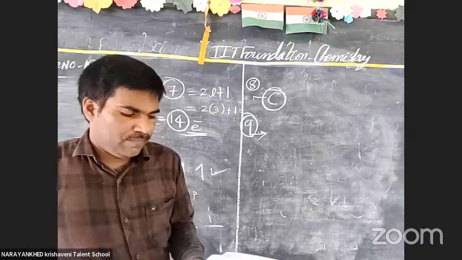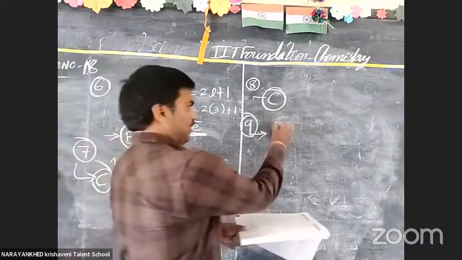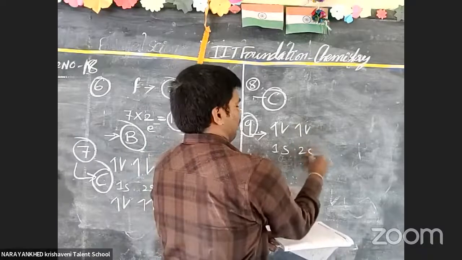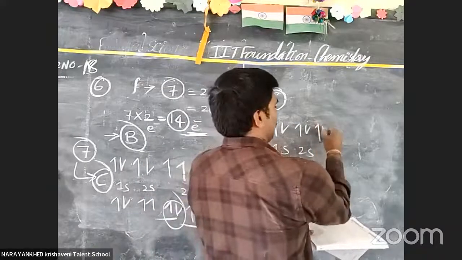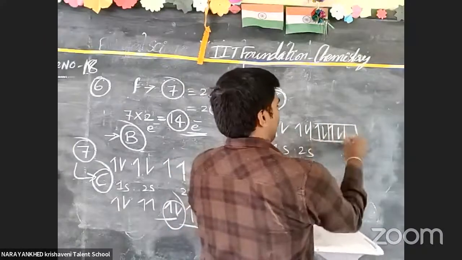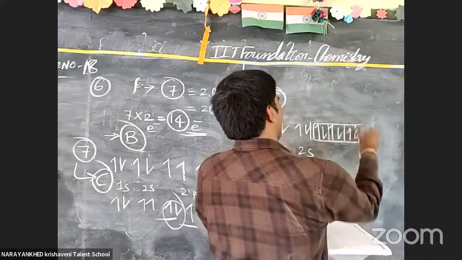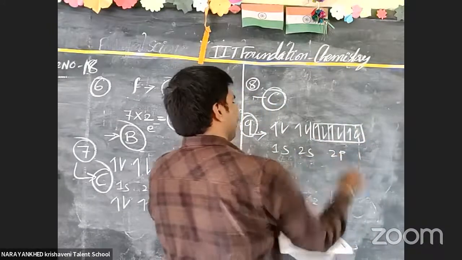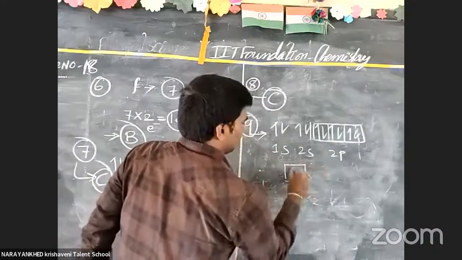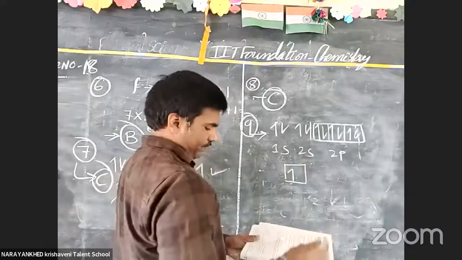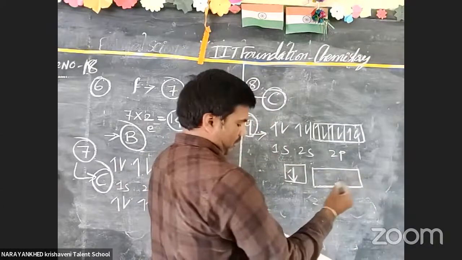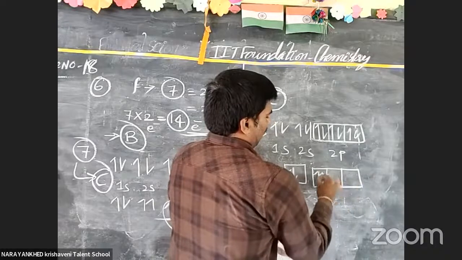The given electronic configuration is like this: 1s, next 2s, then 2p, 2p, and then 3s. In the 3s, only a single electron is given. In this direction, a single electron, and then in the 3p, 2 electrons are given.